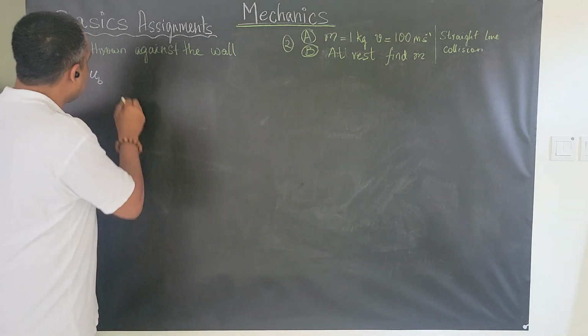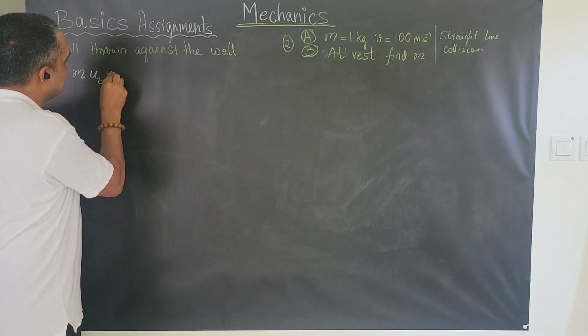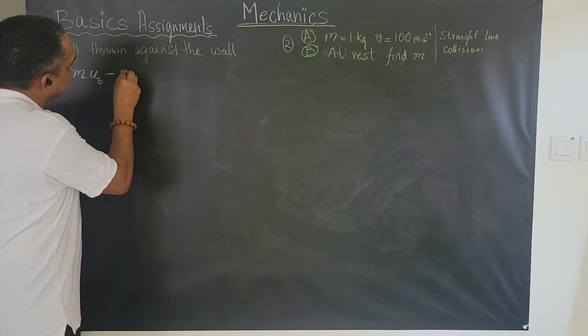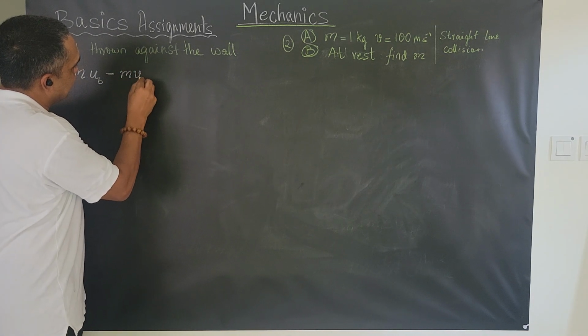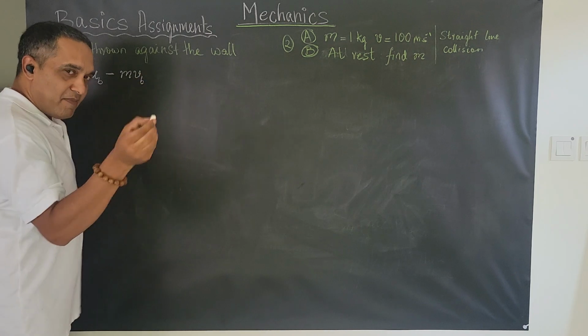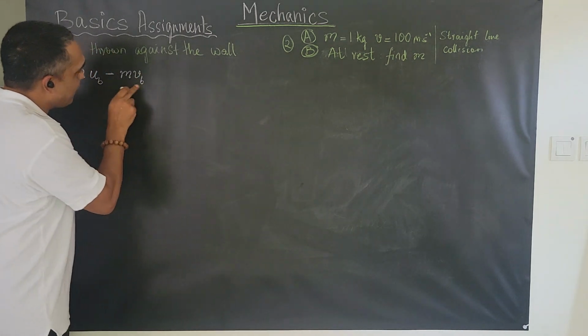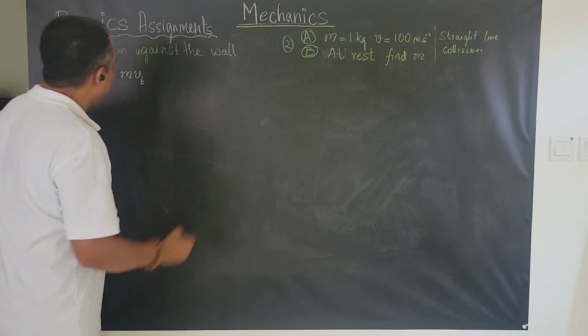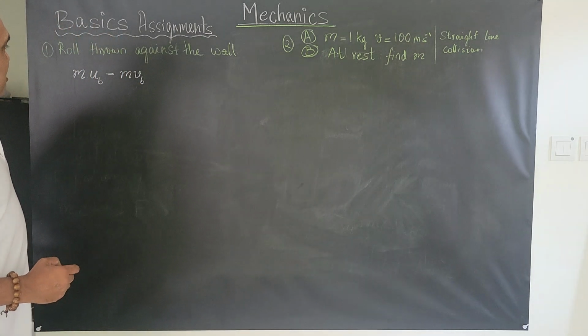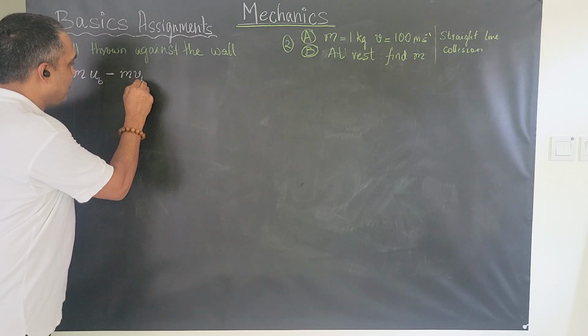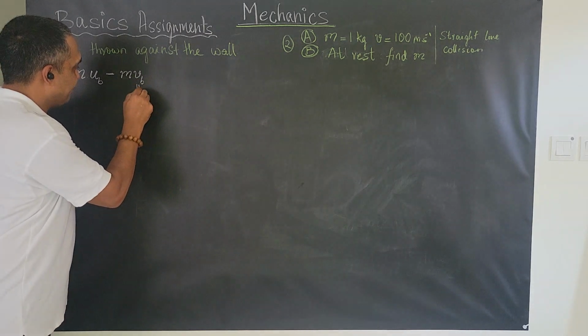As it strikes against the wall, mass, and its final velocity at that very moment, I wouldn't even call it before, just say at that very instant of time, but for the sake of illustration, it's that, and we know this becomes 0.